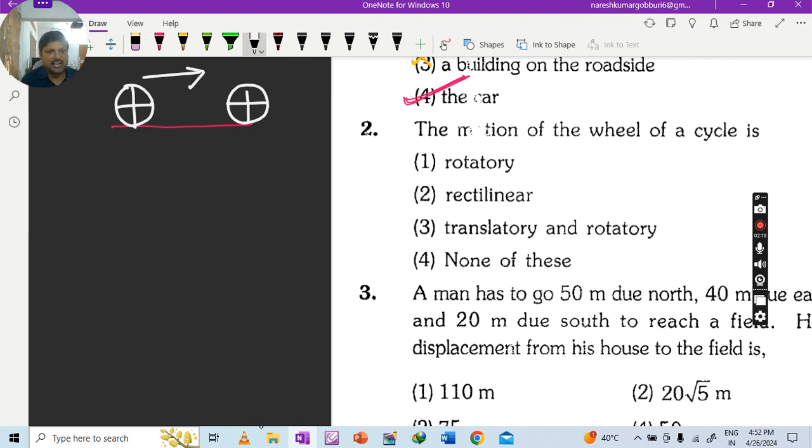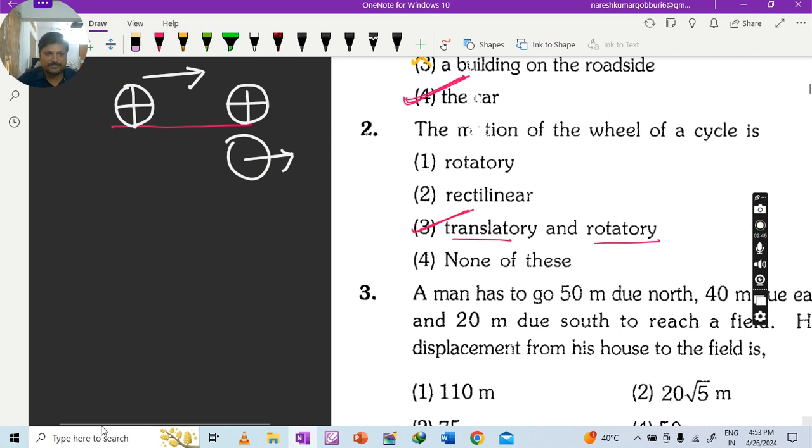When the wheel is moving along a straight line, this type of motion is called translatory motion. At the same time, the wheel is rotating about its own axis. This type of motion is called rotatory motion. That means the motion of the wheel is a combination of translatory and rotatory. Option 3 is the right answer.